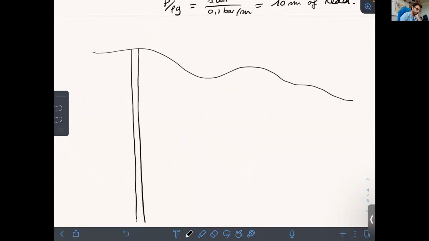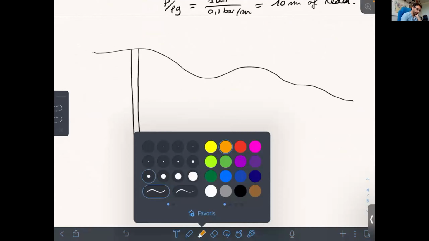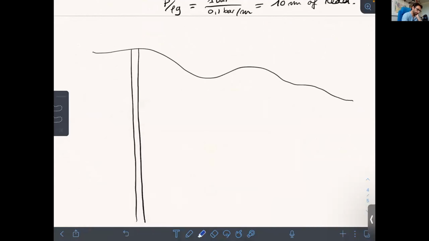And what we will see is that this borehole will be full of water until a point of equilibrium here that is called the piezometric level.